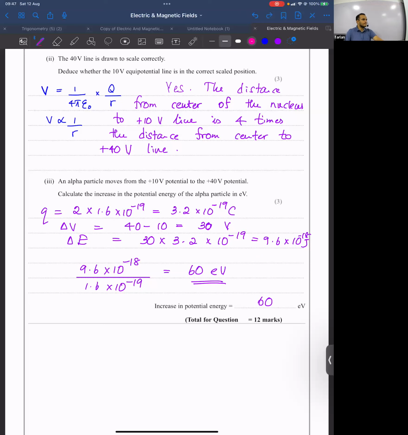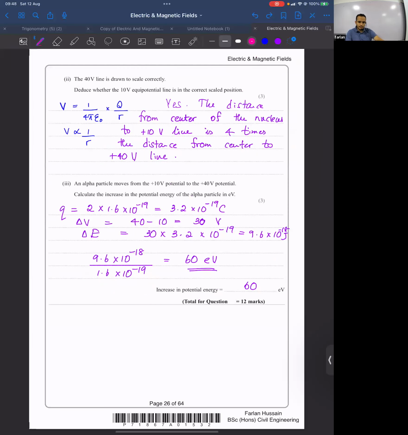If you want to convert electron volts to joules, you multiply by the charge of an electron. If you want to convert joules to electron volts, divide by the charge of an electron. If you didn't know about it, make a note of that. Okay. Any questions?